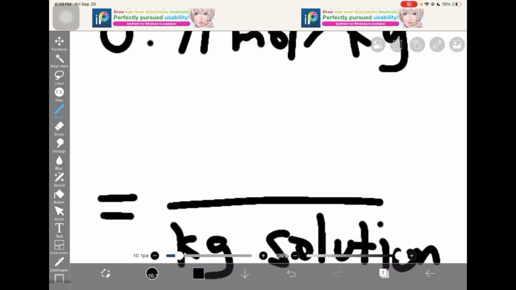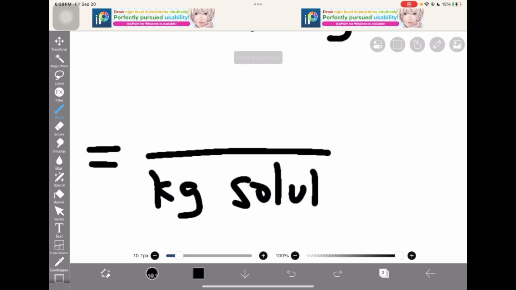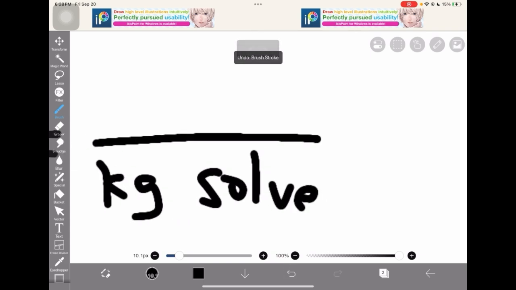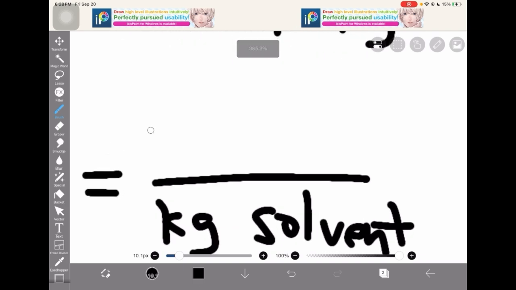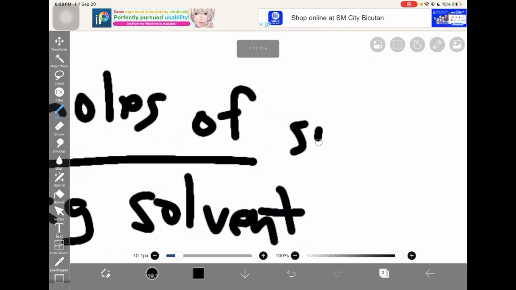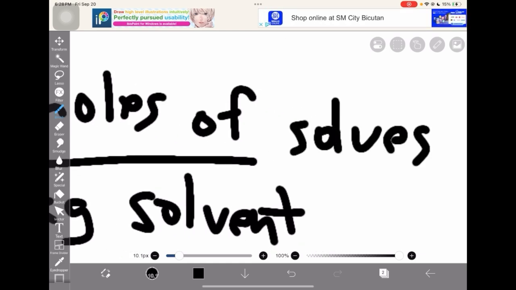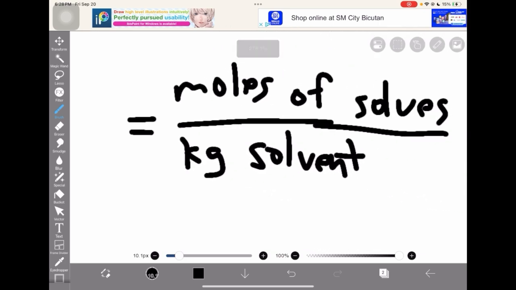It's very similar. Wait. Okay, sorry. Solvent. Sorry, I'm a bit tired, okay? Moles of solute over kilograms of solvent is equal to your molality.